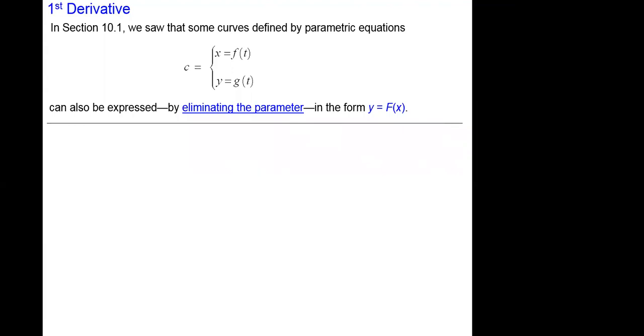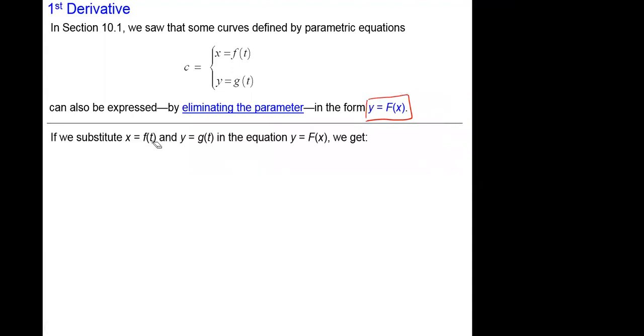First of all, I will start with the equation, because we remember we may eliminate the parameter in most cases. Eliminating the parameter, I will create a new equation, y in terms of x.